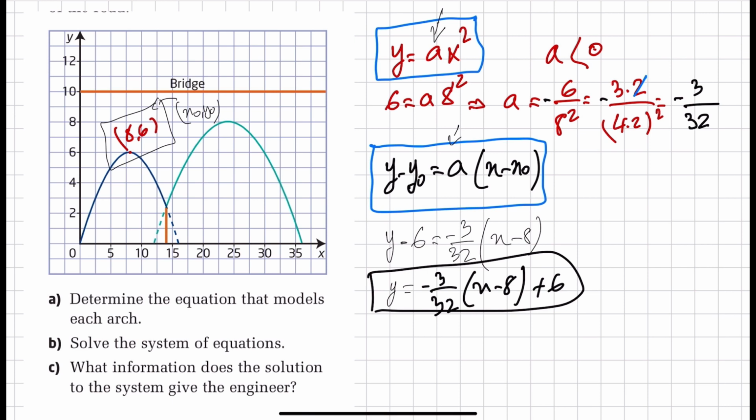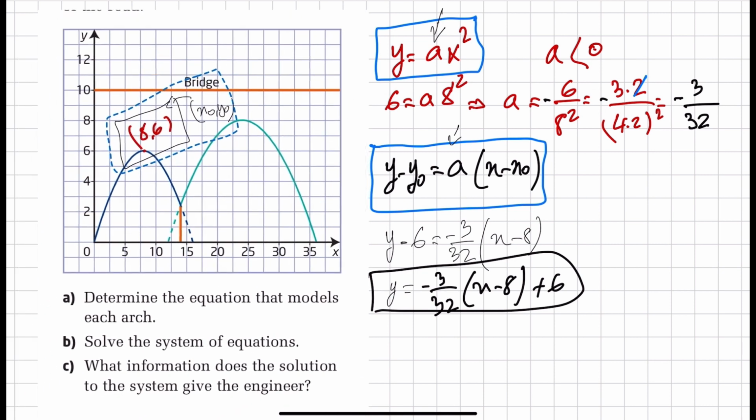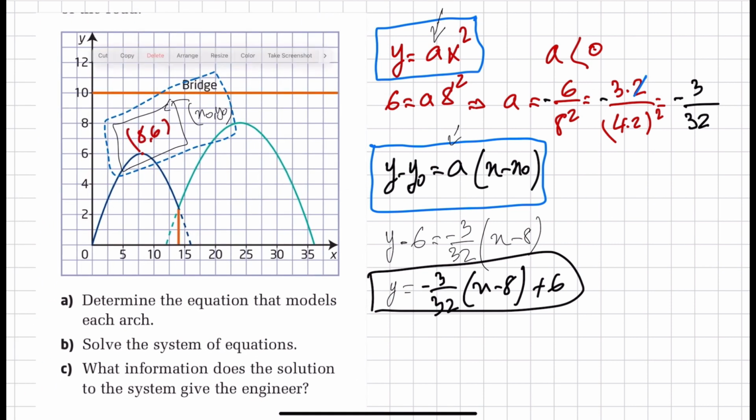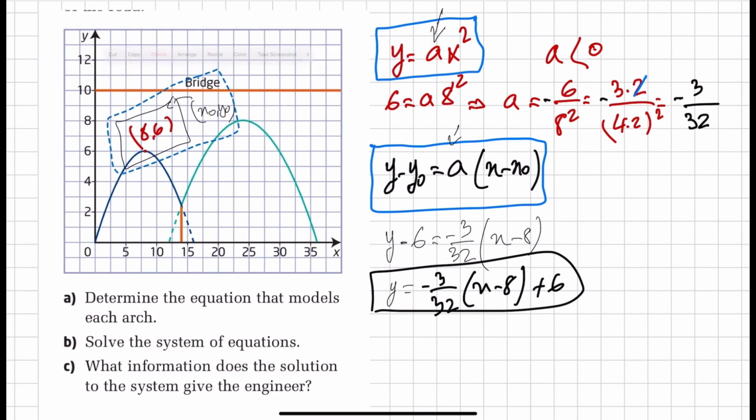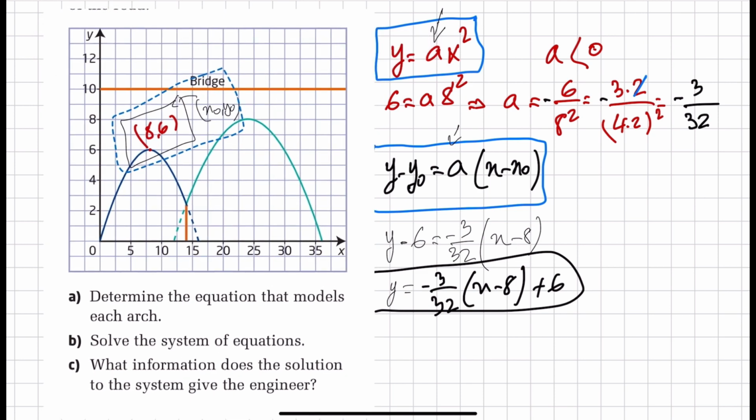For the second one, we will do the same thing. Let me move this a little bit to one side. Now I will use the other section of the parabola.